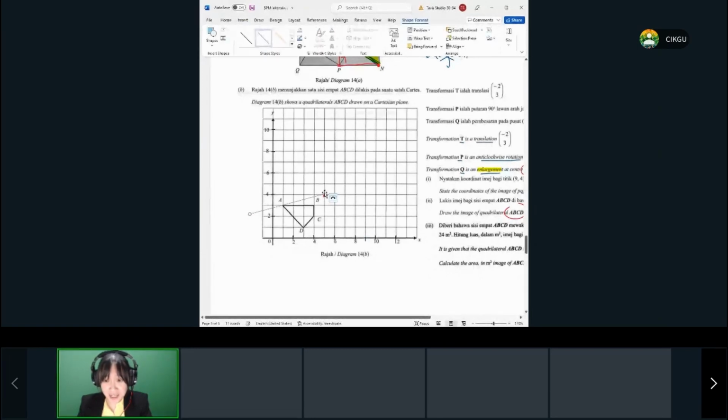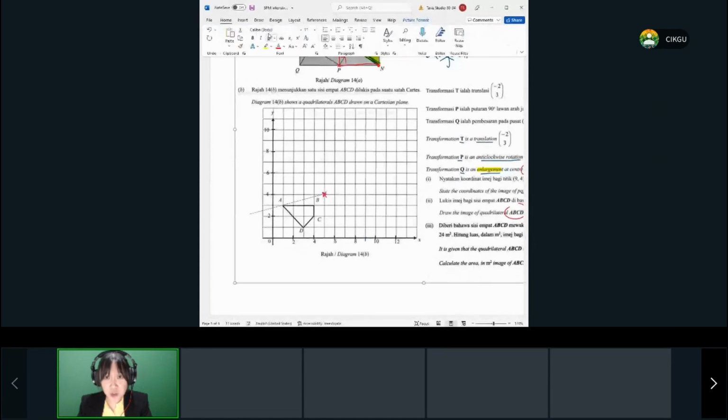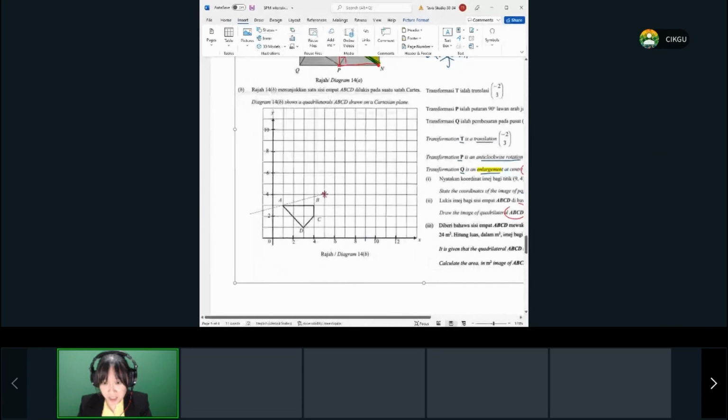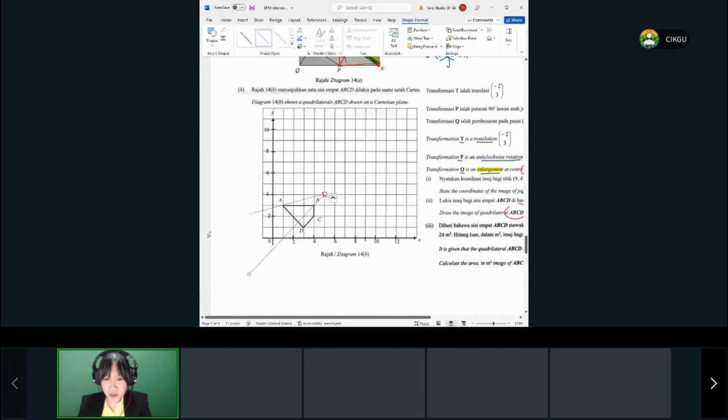And then you would draw another one from this point, so enlarge like this. Normally you draw very big, and then the enlarged shape is going to be here.